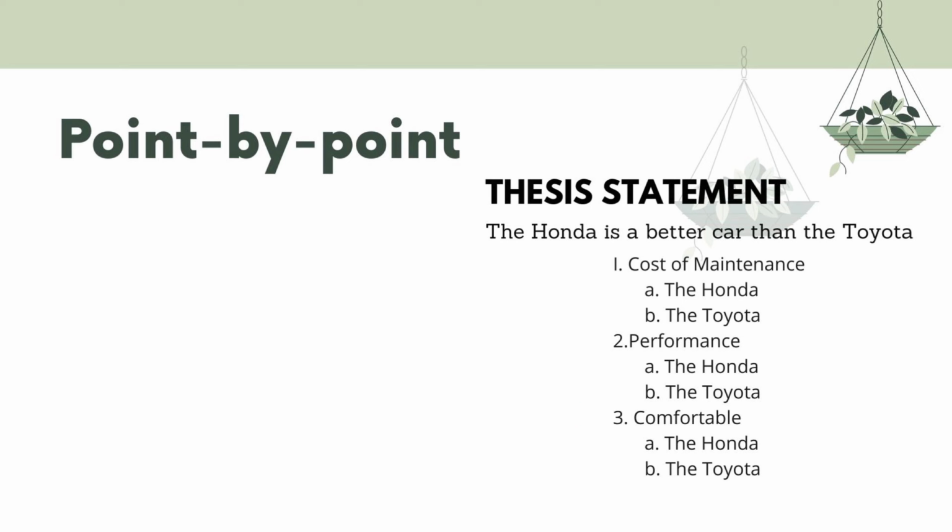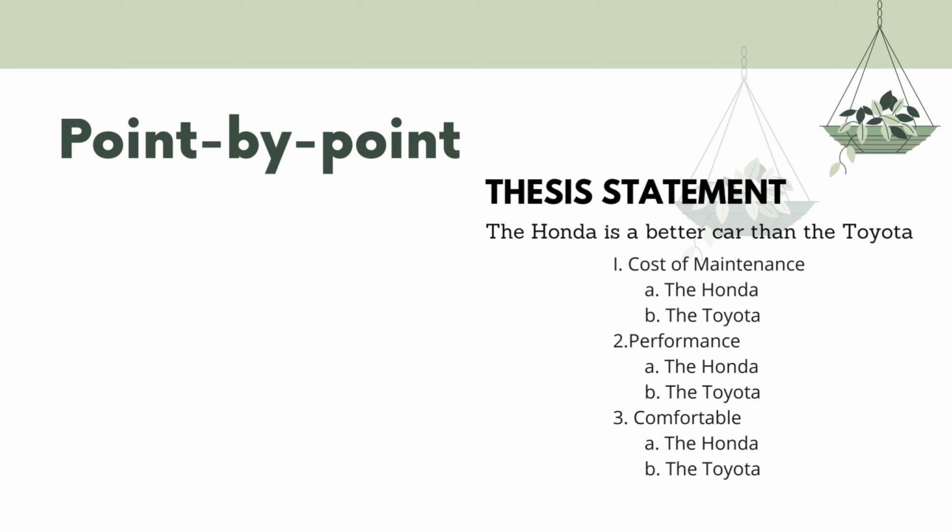In the first aspect, you need to write the cost of maintenance of the Honda first, then followed by the Toyota one. The same with the first aspect, for the performance, you also write about Honda performance, then followed by the Toyota performance.